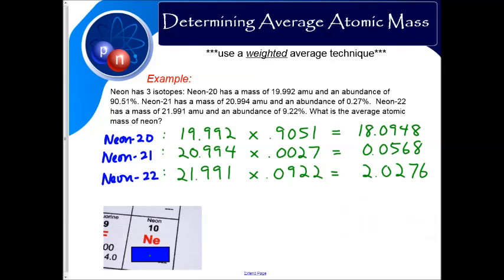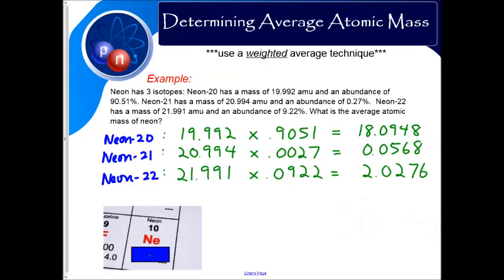I do the same thing for neon 21, which is 20.994 times 0.0027. It gives me 0.0568. And lastly, neon 22, 21.991 times 0.0922. That gives me 2.0276.